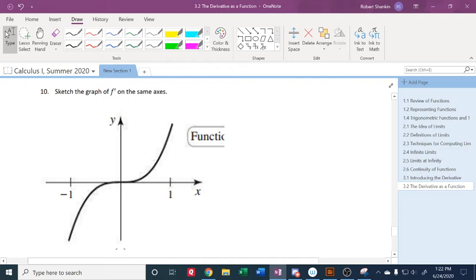Sketch the graph of f prime of x on the same axis. So there's the graph. I'm going to give you a minute to just work on your own. Try to sketch f prime, and then I'll do it in just a minute.